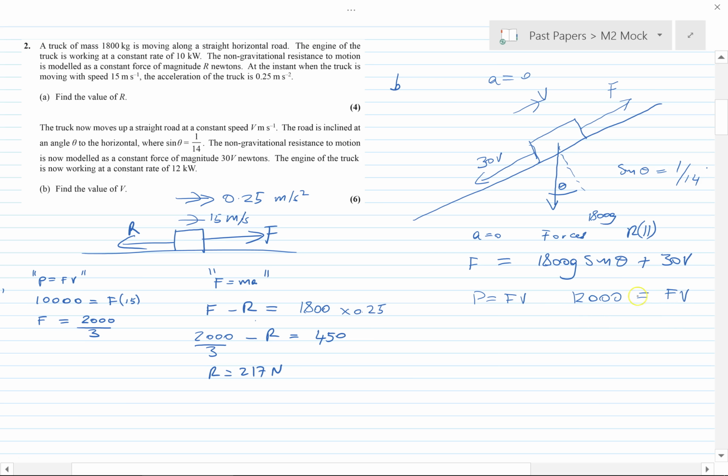So we can sub in the appropriate value for F, which is 12,000 over V. So we have 12,000 over V equals 1,800 g sine theta, but sine theta is 1 over 14, plus 30V.